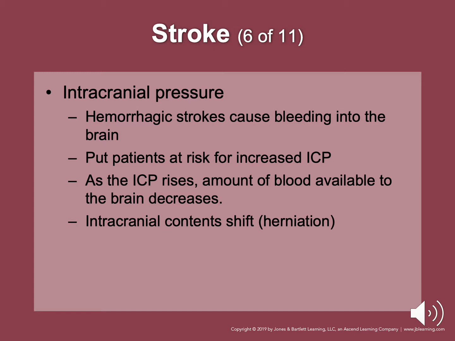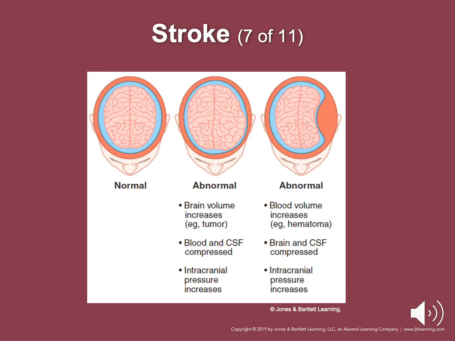And here is why. So this is normal and abnormal intracranial pressure. Normal: you see the middle line is going straight down the middle of the head with the brain. So you see the abnormal wiggle there in the middle.